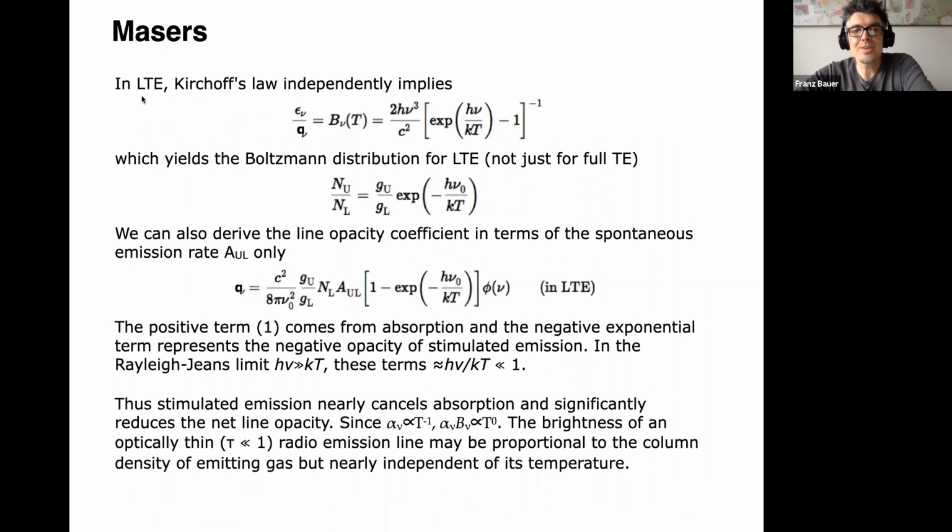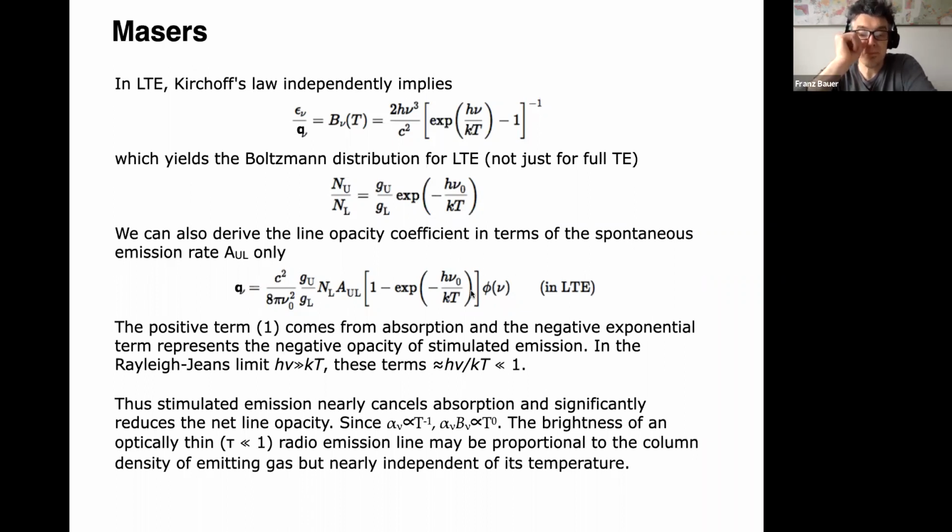If you have LTE, then this ratio is equal to the Boltzmann factor, so you can relate these things, and the absorption coefficient should only look like this thing here, right?